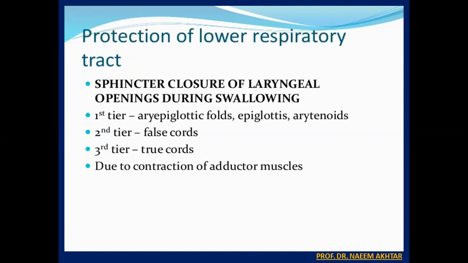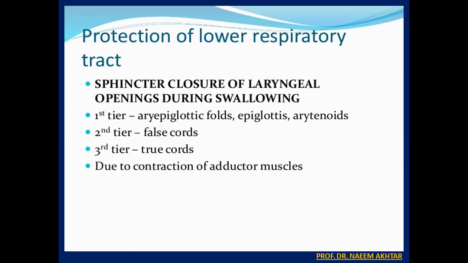Protection of the lower airways is a very important function of the larynx because due to sphincteric closure of the laryngeal opening during swallowing, it will prevent the entry of bolus into the airway. Rather, the bolus will go towards the food passage.